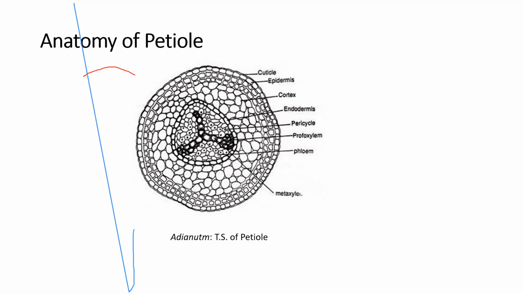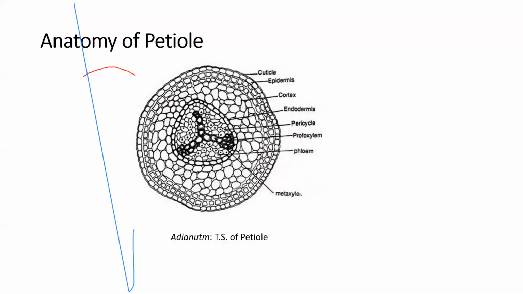This inner cortex is made up of parenchymatous cells with intercellular spaces and thin walls. So in the petiole, the cortical region is clearly distinct into hypodermal region and the parenchymatous or inner cortical region.